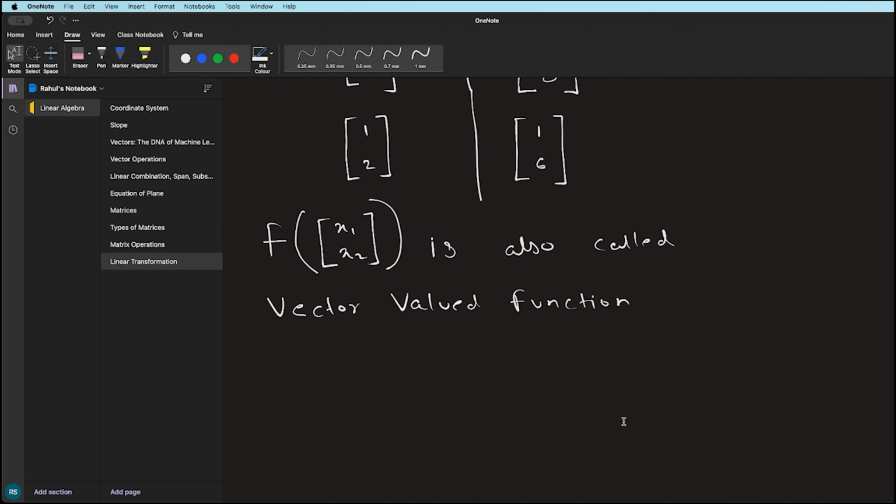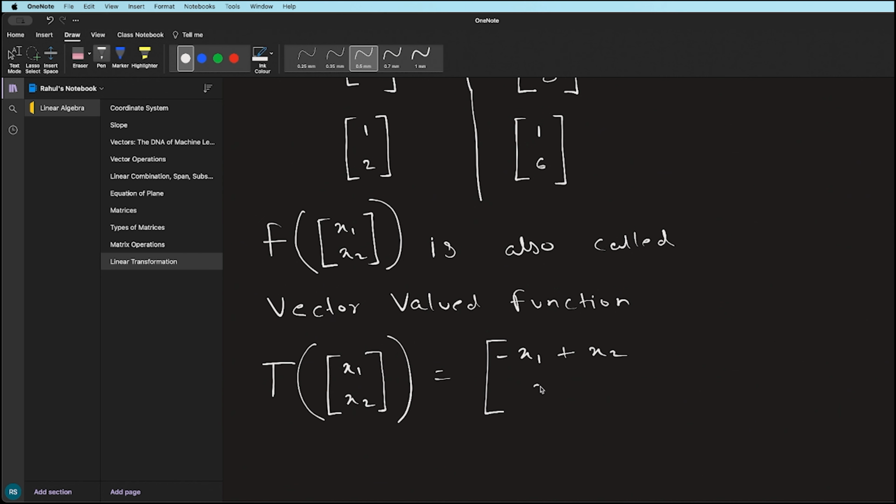But instead of this function notation, I can write it like this: transformation T of x1, x2 as minus x1 plus x2, 3x2. So in this transformation T, the vector x1, x2 maps to this vector.